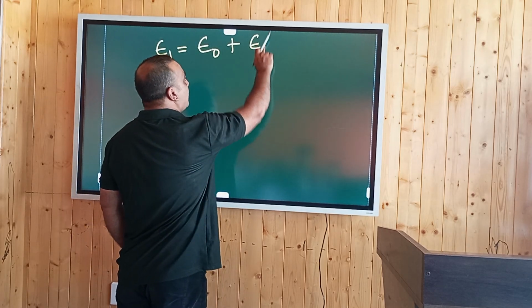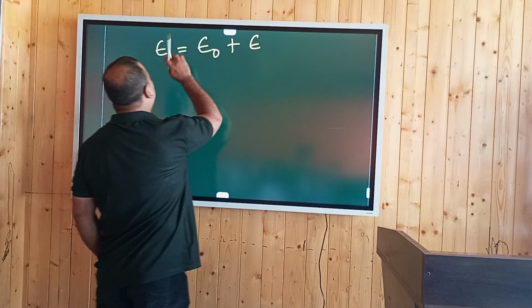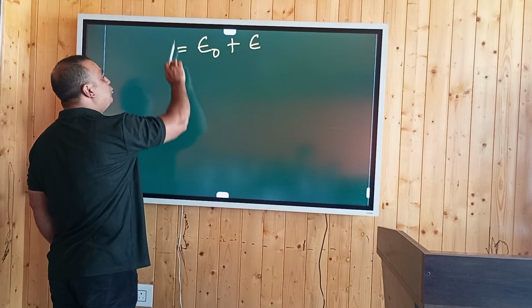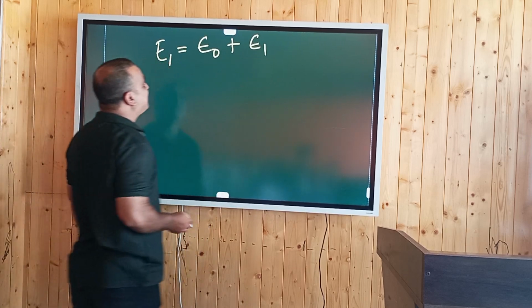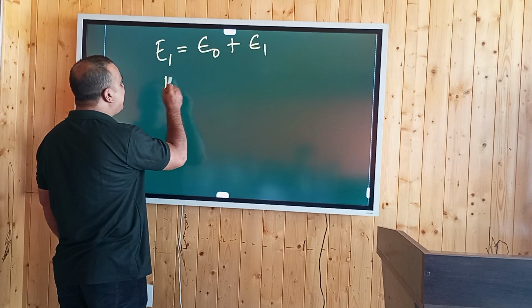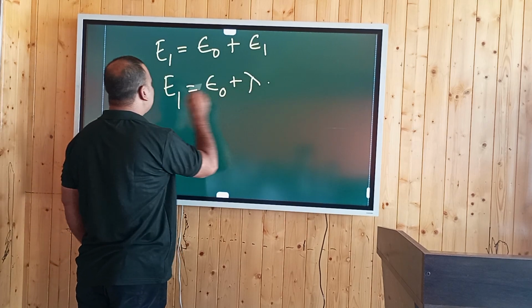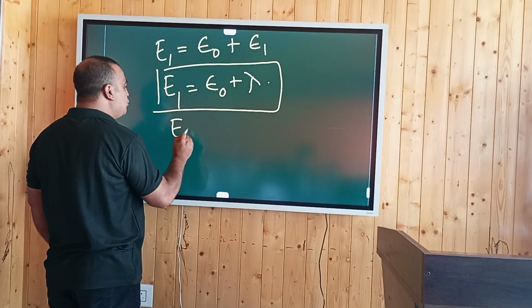I will call this E1 here, so that I can differentiate the two. So E1 will be E0 plus lambda. And what will be the other value of energy, E2?